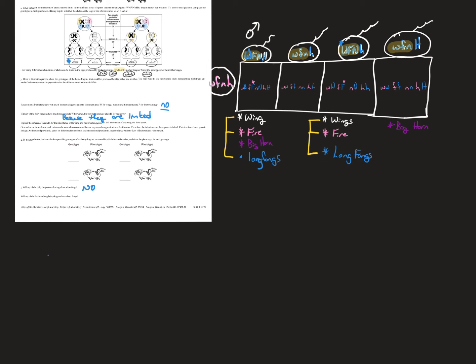Because they're linked. Again, if they have fire breathing, they have long fangs. They have wings and they have long fangs. So anybody with wings has long fangs and fire breathing. So those 3 are linked together.